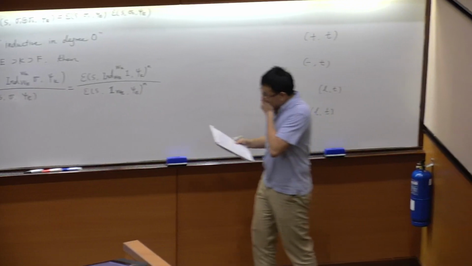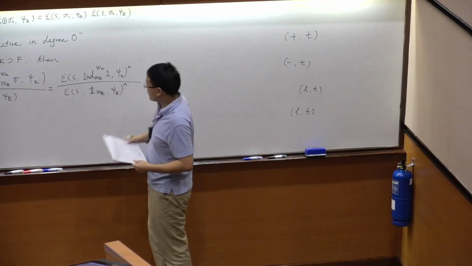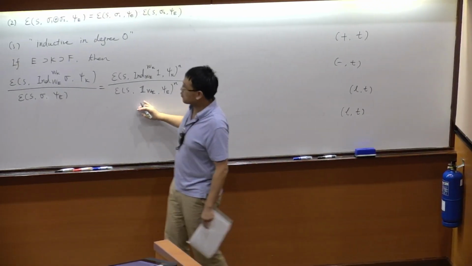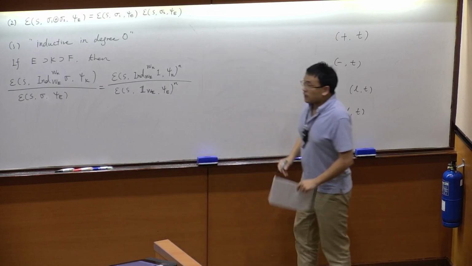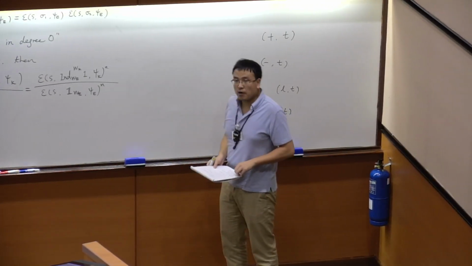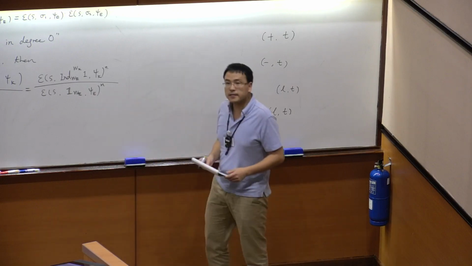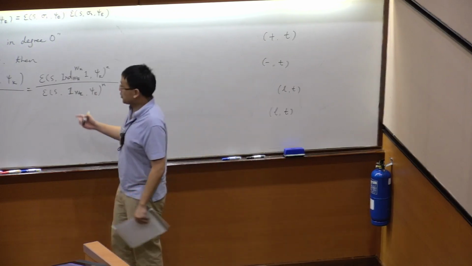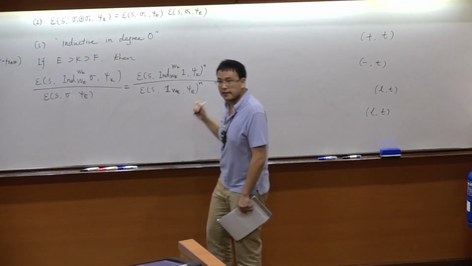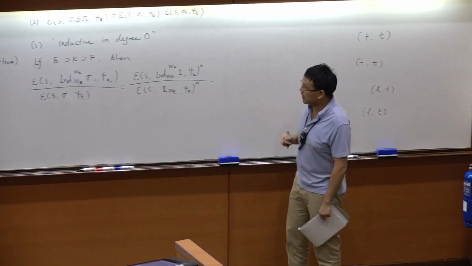So in this case, the one is the trivial representation. The n is referring to the degree of the extension. So this allows us to reduce to the character case. And this part on the right-hand side is the Langlands constant.